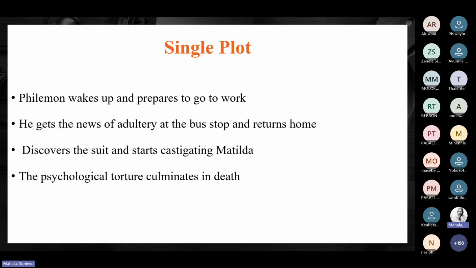And lastly, that due to this psychological torture, the whole thing culminates with the death of Matilda. So basically, these are the key points you would mention when you talk about The Suit. And that's exactly what we mean when we talk about the single plot, that it is so focused. You can see where the story is being driven towards.